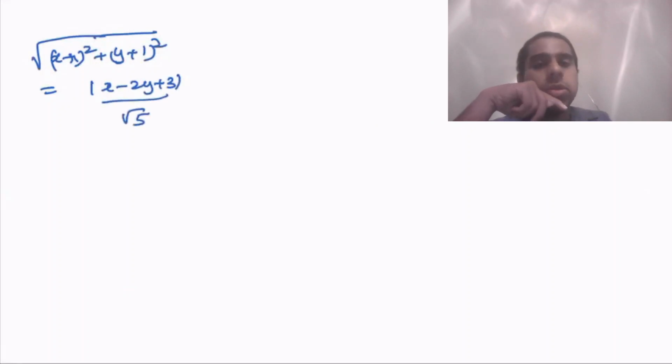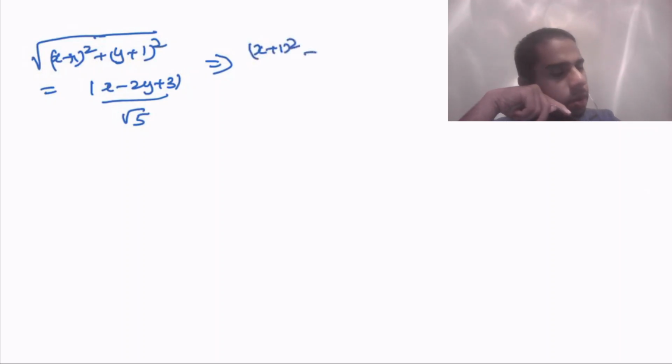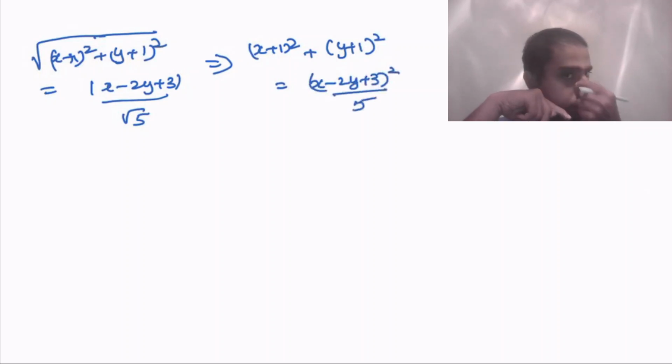Okay. So now taking the square on both sides to remove the root, x plus 1 the whole square plus y plus 1 the whole square is equal to x minus 2y plus 3 the whole square by 5. Right?